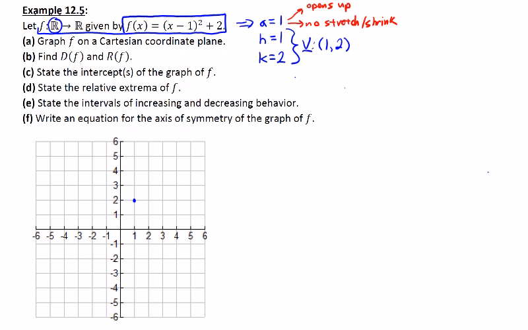So from the vertex, I will go over 1, up 1, go back to the vertex, and I'll go over 2, up 4. And this will give me the right half of my parabola shape.